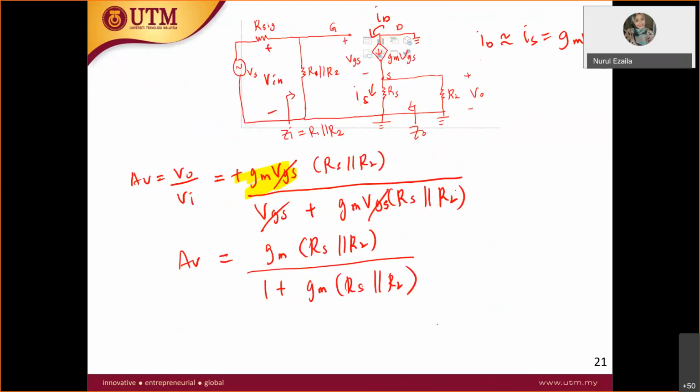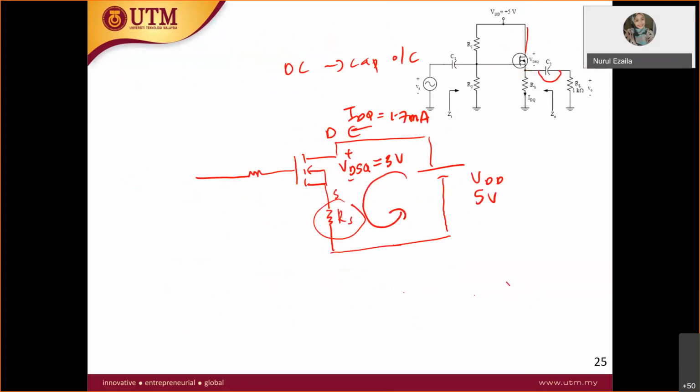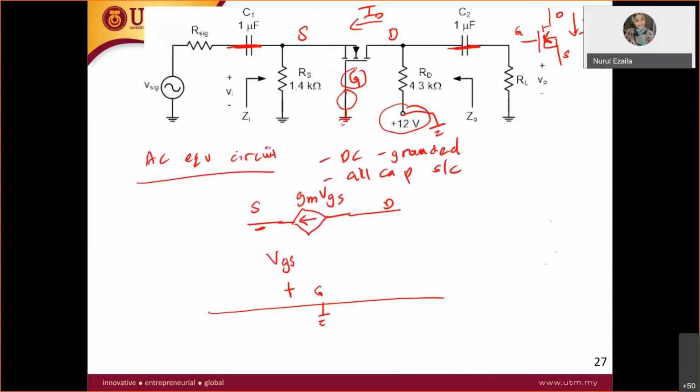VGS is always like that for N channel. So we have done the hybrid pi model, at least for the VGS and also GM VGS.